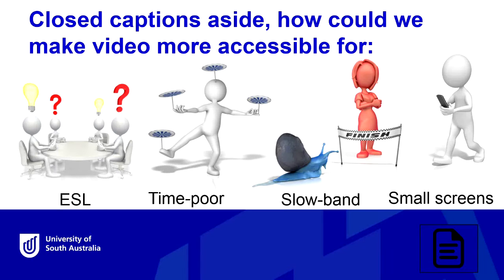You'll notice that for these four groups of people, there was a lot of overlap. Speaking more slowly and visually, offering an audio alternative, chunking up longer videos will benefit all of these learners, plus benefit sight-impaired people and those with cognitive disabilities, in the instances where you provide text in addition to the video itself.